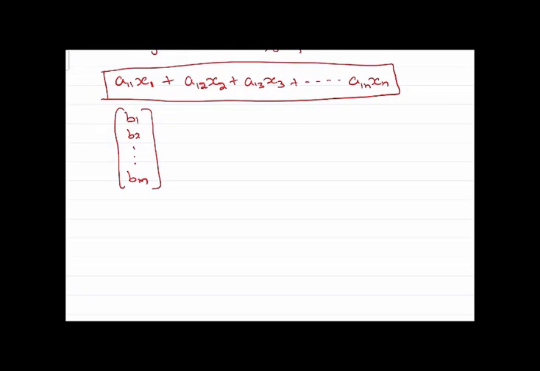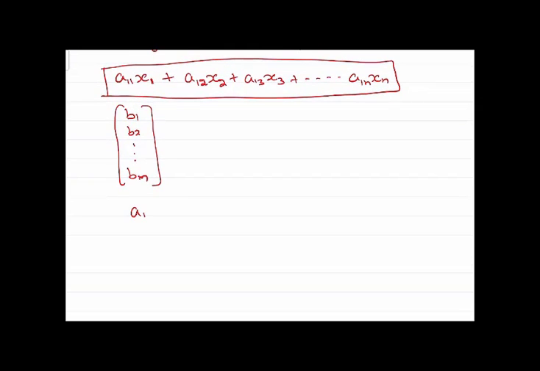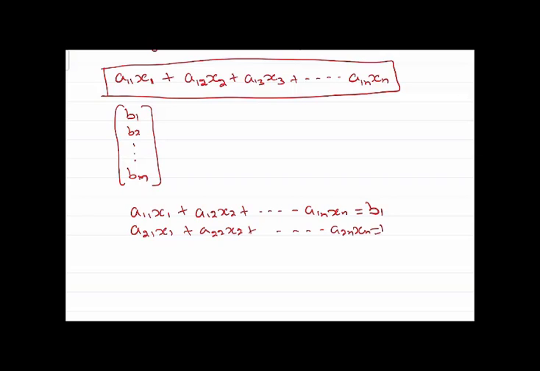So this would be A sub 1,1 x1 plus A sub 1,2 x2 plus all the way to A sub 1,n xn equals b1, because this is the amount of the first resource required to make all the n products. Then I can talk about the second resource: A sub 2,1 x1 plus A sub 2,2 x2 plus all the way to A sub 2,n xn equals b2.